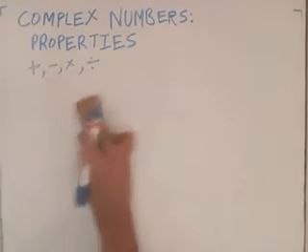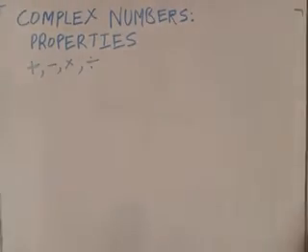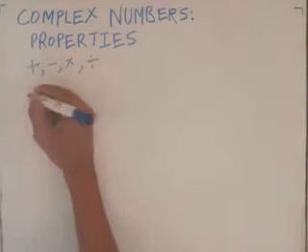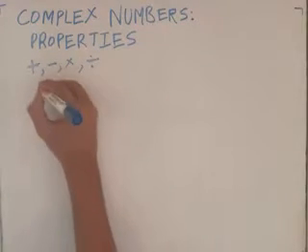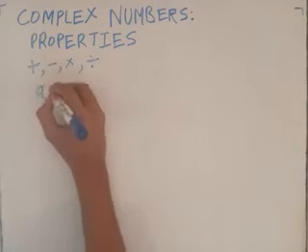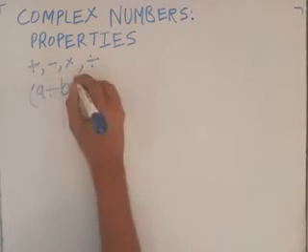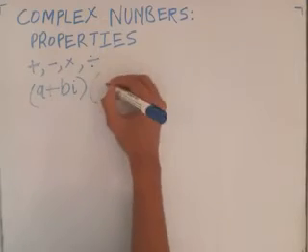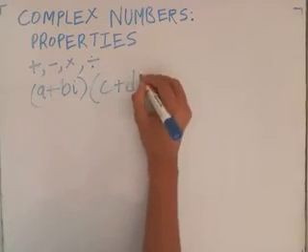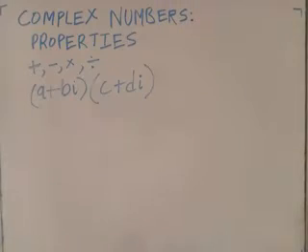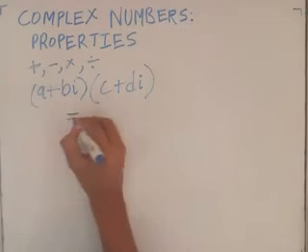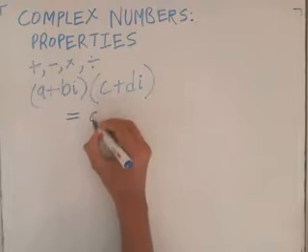Now today we will be looking into the properties of these numbers. So since they are very similar to real numbers, if you have two complex numbers, let's say this is the first one and this is the second one, then the properties of real numbers apply here as well, and this is just equal to the addition of the real parts.